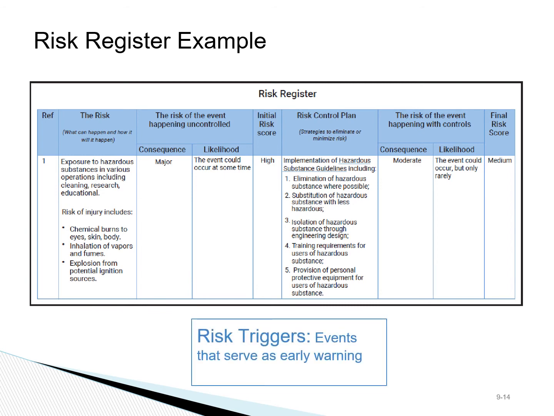Risk triggers is a terminology used for the events that serve as early warning for the risk. For example, when I worked in the federal government, if Congress did not pass a budget bill, the government then worked in what was called, and is still called, a continuing resolution, which means no new projects could get started.